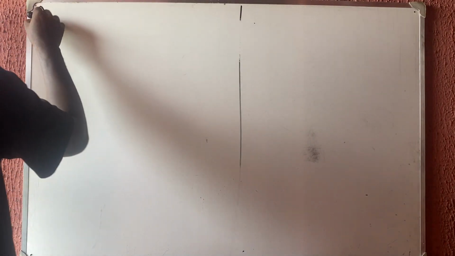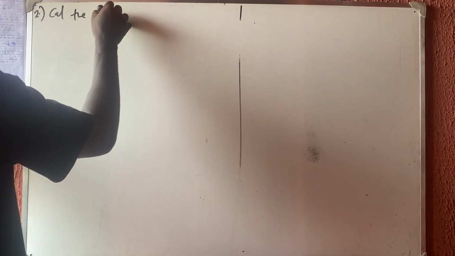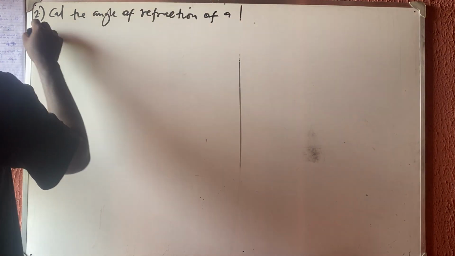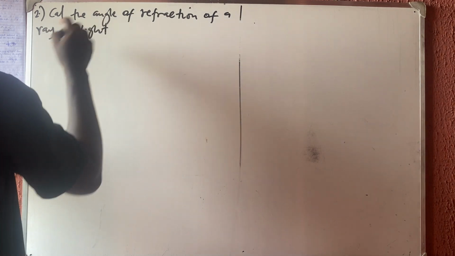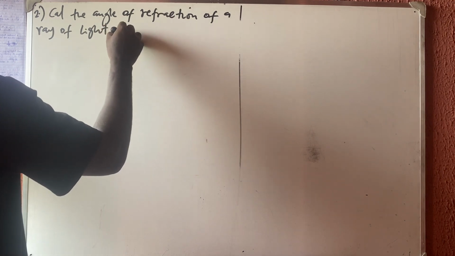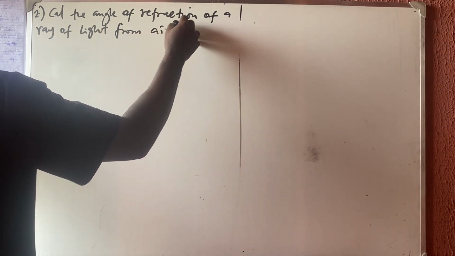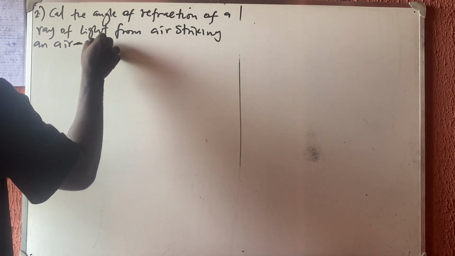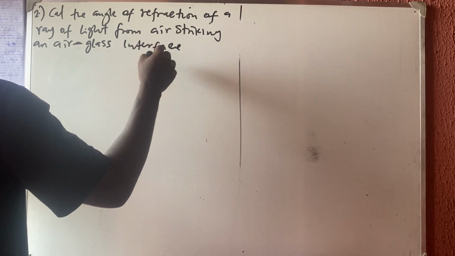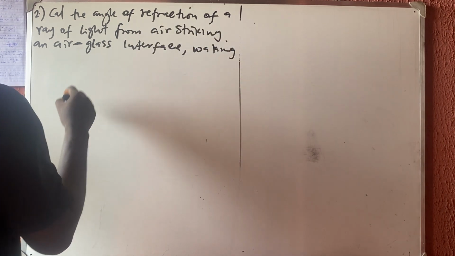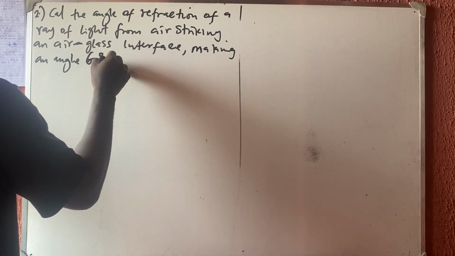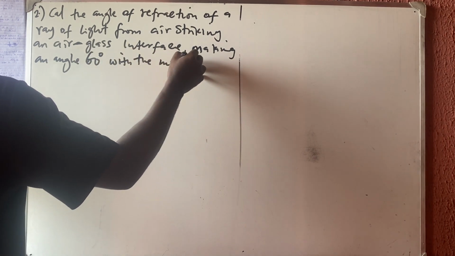Question number 2. Question number 2 said calculate the angle of refraction of a ray of light from air striking an air-glass interface, making an angle of 60 degrees with the interface.